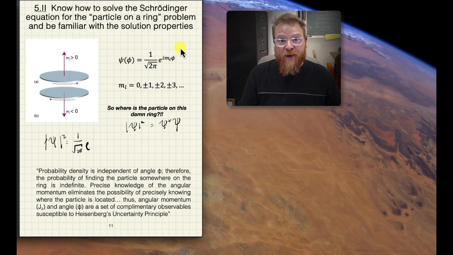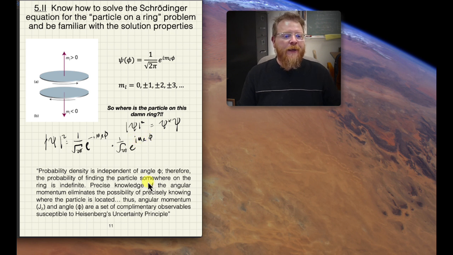We have an imaginary number in there, so we have to do the complex conjugate: e to the negative i m_l phi, that's my psi star. And now we can multiply it by psi, 1 over root 2 pi e to the positive i m_l phi. Hopefully you can see the exponentials are going to cancel, and I'm just going to end up with 1 over 2 pi.